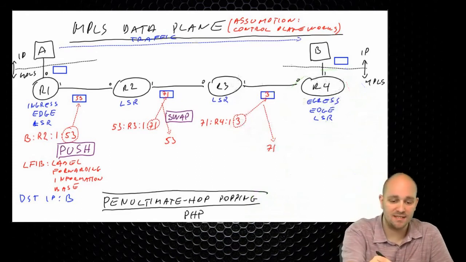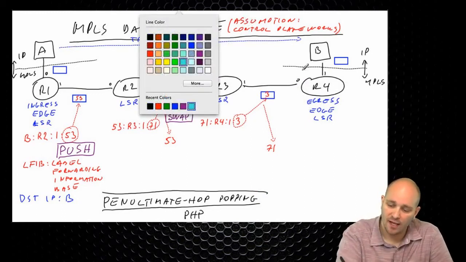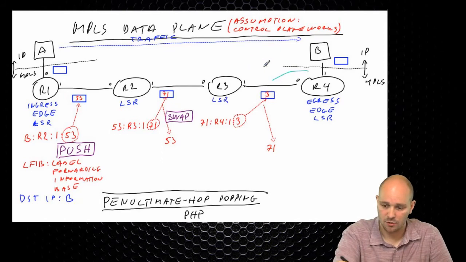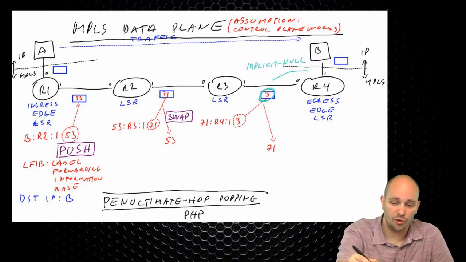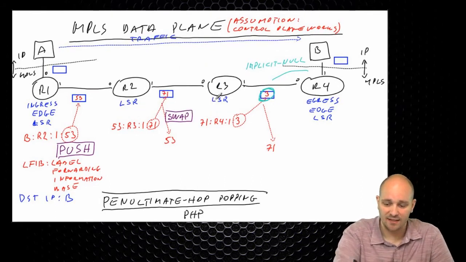Now, this is going to be signaled using a special label, which is called a null label. So R4 here is going to communicate for this prefix a special label called implicit null. So let me just write it down. So implicit null label. Now, implicit null label has value of 3. So when we have this implicit null label, what's going to happen here on R3 is the exact thing that we had before.